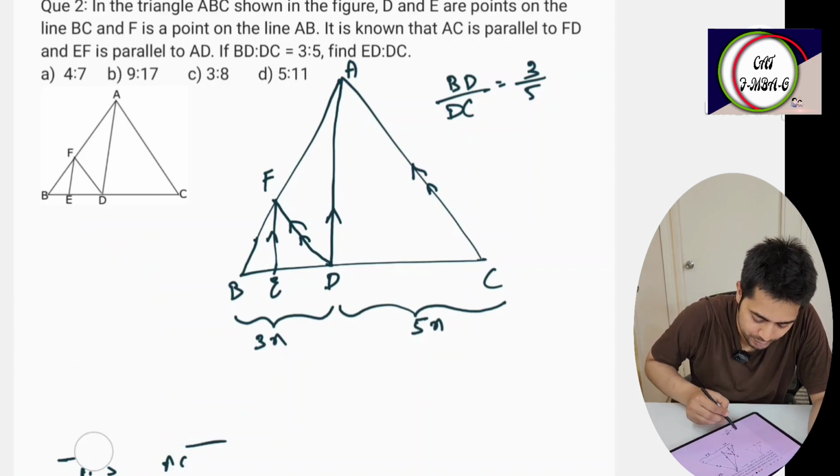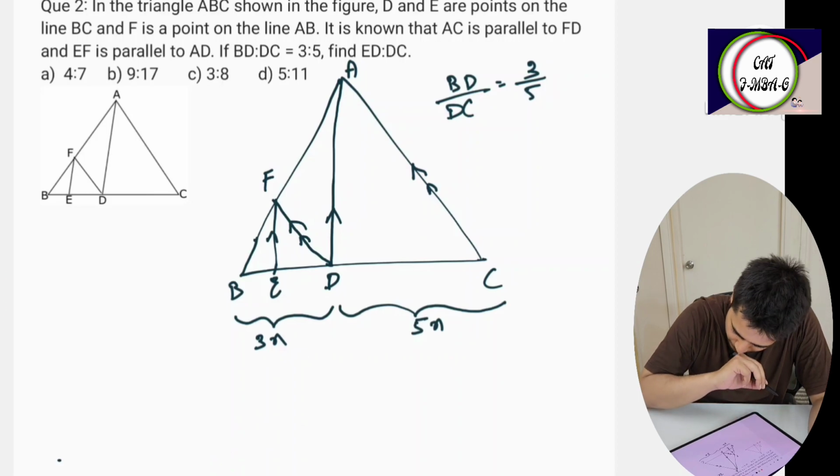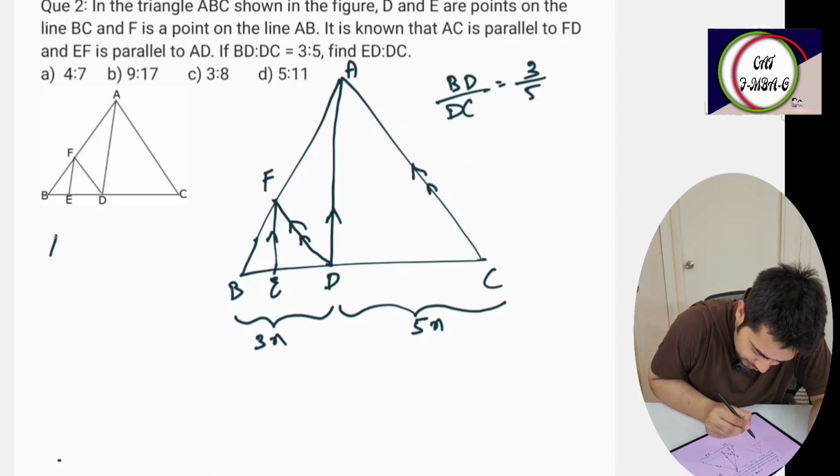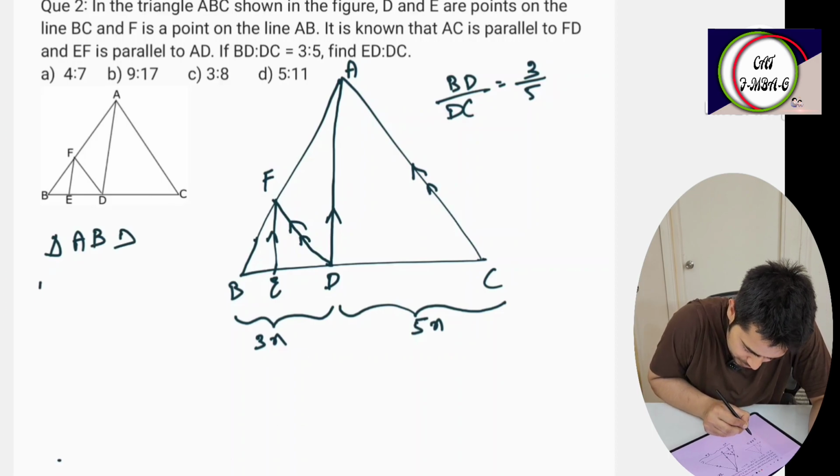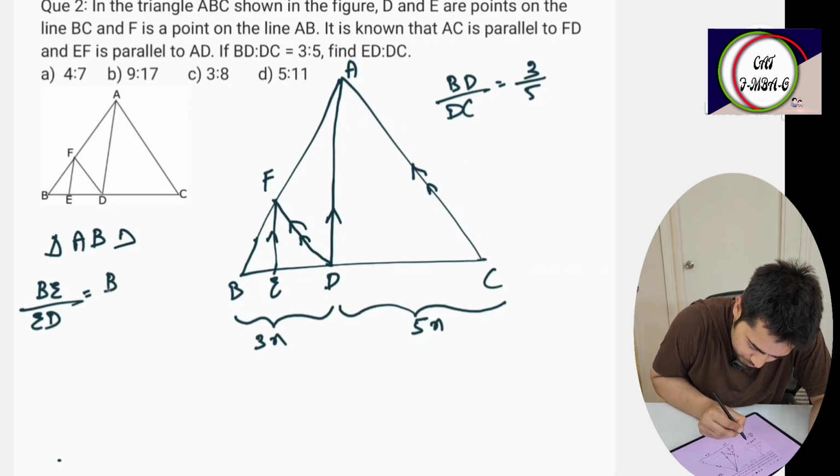So let's see how we can play with this. If you see triangle ABD, then BE by ED is equal to BF by FA.